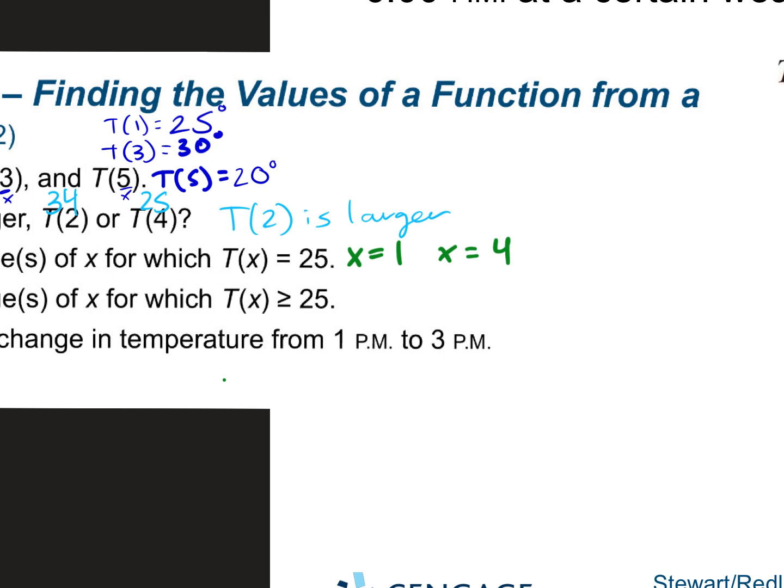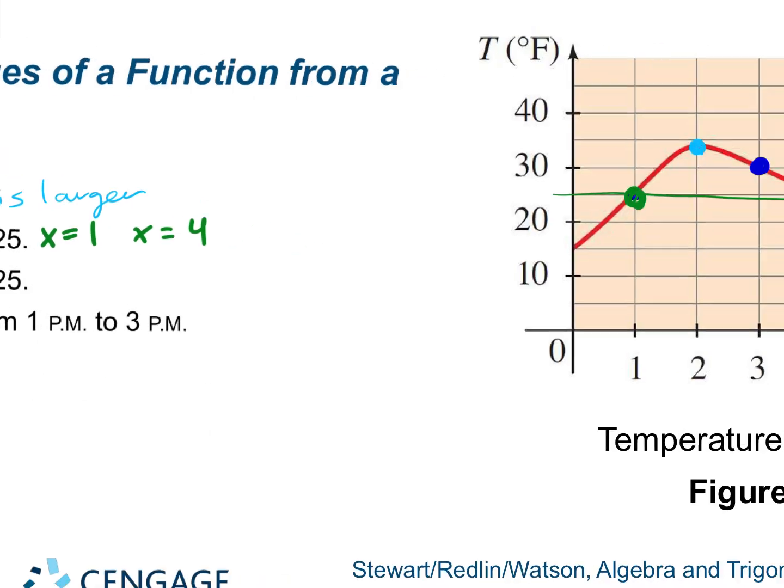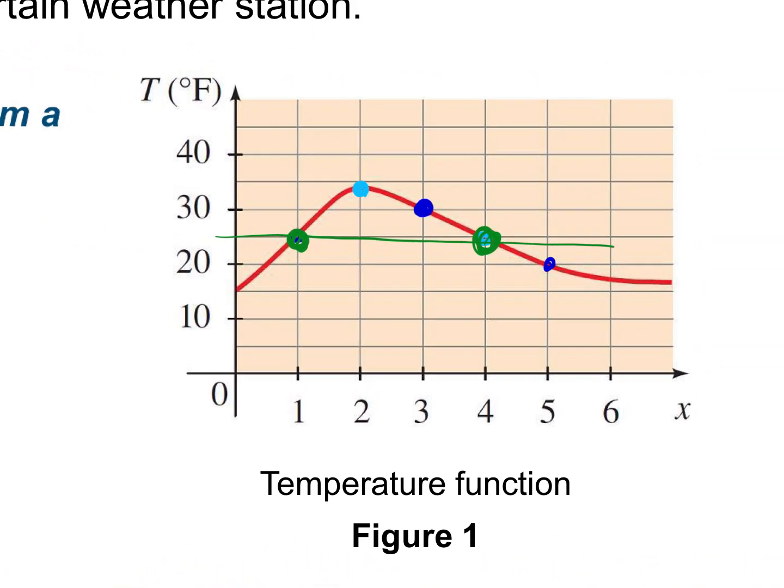All right, next, it says find the values of x for which t is greater than or equal to 25. So again, let's go to our graph. Our temperature is 25 degrees here. Would greater than be above the line or below? Above. So what are the values for x to where t is greater than or equal to 25?